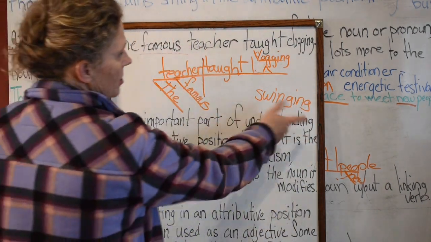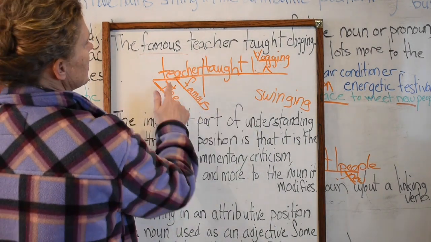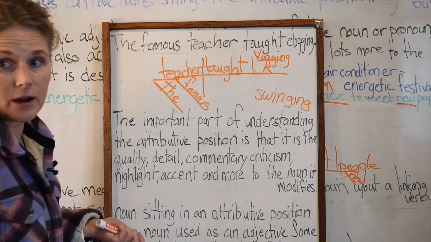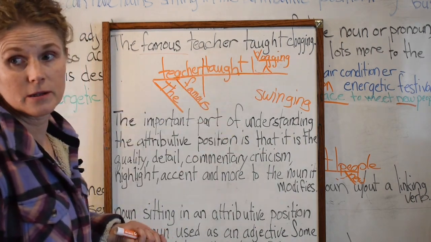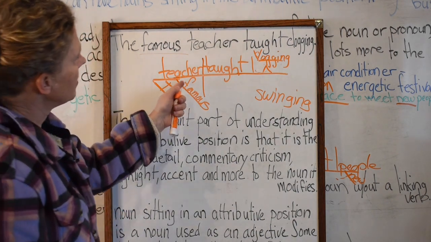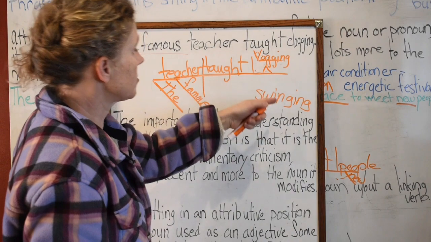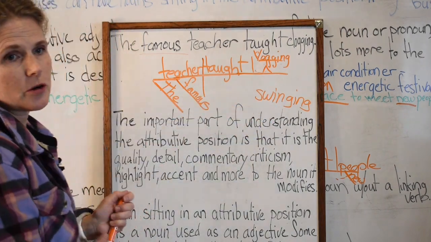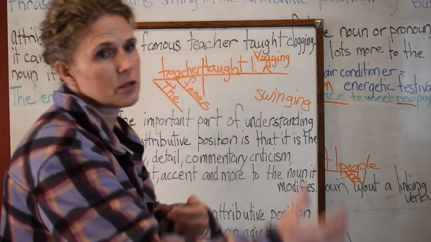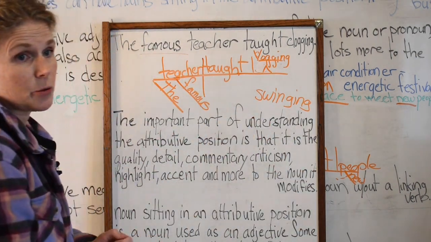It could also be a verb, okay? You could replace it and say, the famous teacher taught swinging. See how it could sit there if that's what she was teaching. But you could even see, the famous teacher was swinging. See how we had to use a helping verb to make this a verb? And that's where you talk about your progressive tenses. And then if you used it that way, it would be a participle.